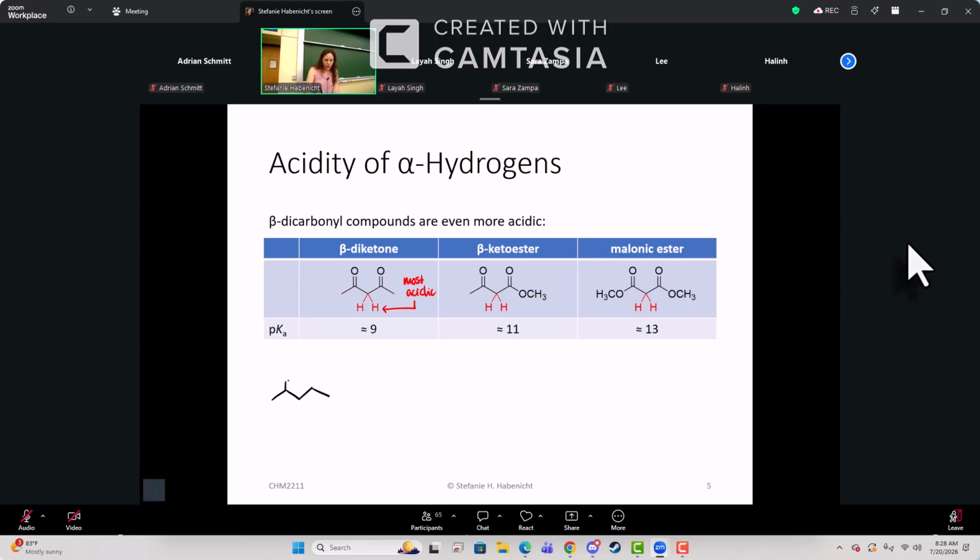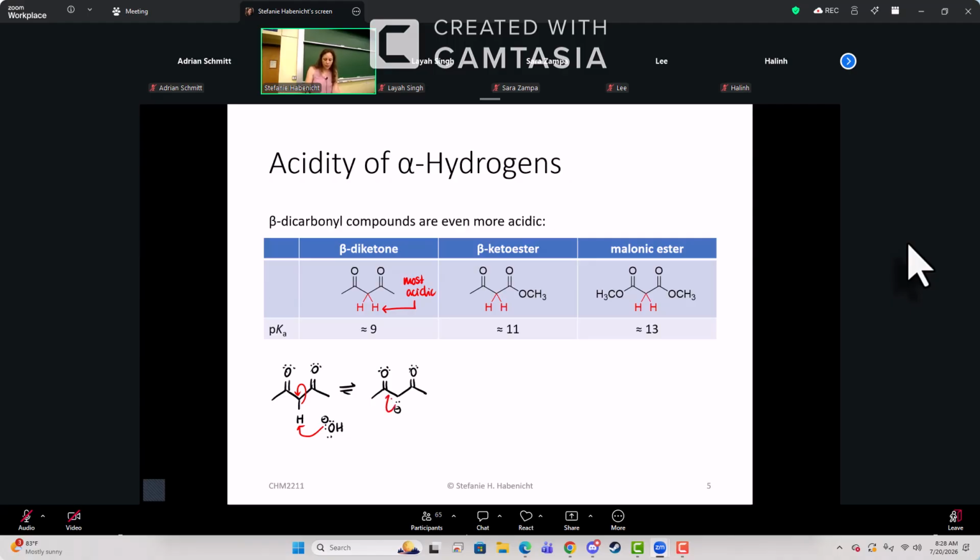If we take our beta diketone, for example, there's one of our two alpha hydrogens, one of our two most acidic alpha hydrogens. Abstraction of this gives, of course, our conjugate base, the enolate anion. But this time we have two carbonyl groups as opposed to one.